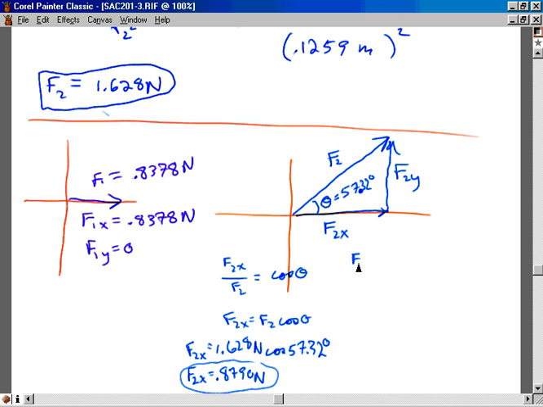F2y is the opposite to the angle. Divide that by the hypotenuse. Opposite over hypotenuse is the sine of the angle. So I got F2y is F2 sine of theta. Again, F2 is the 1.628 newtons.